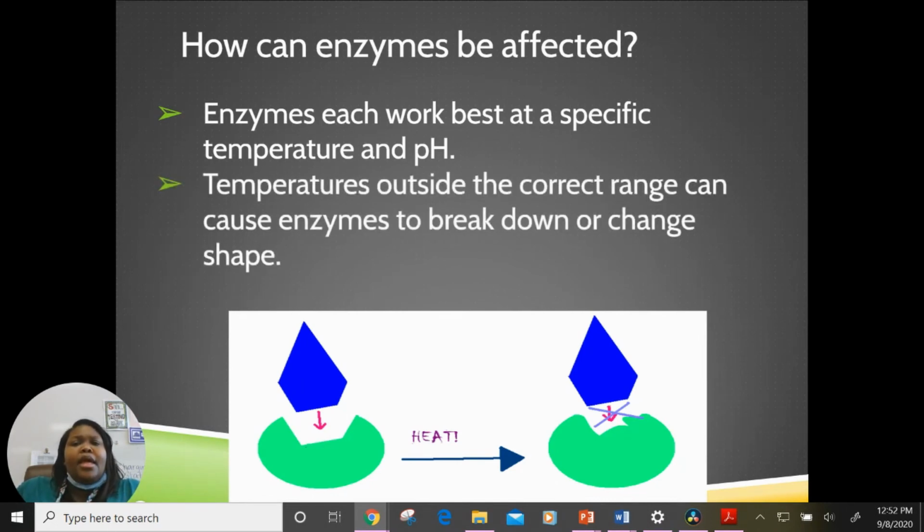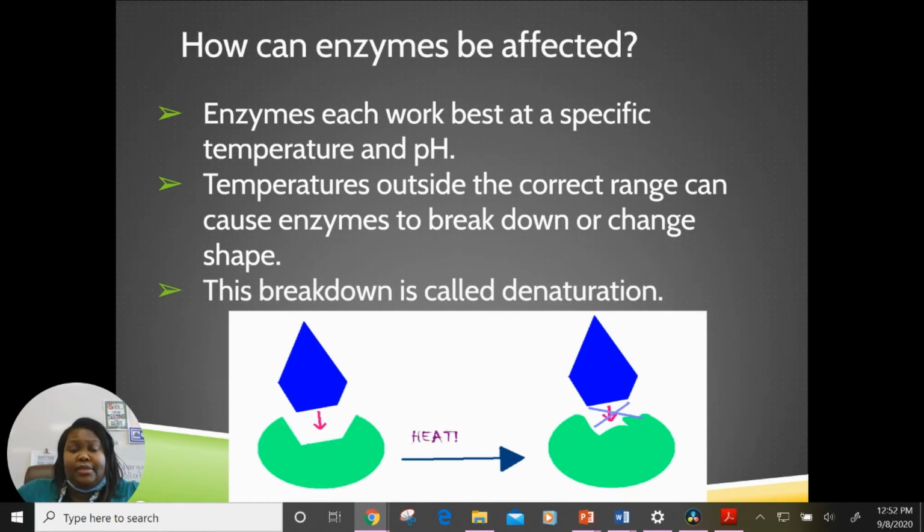If we move an enzyme outside of its ideal temperature, or we move it outside of the ideal pH, then that enzyme will change shape or it'll start to break down. And that is called denaturing.